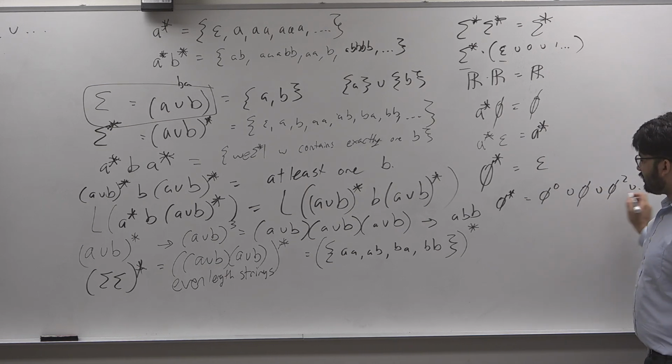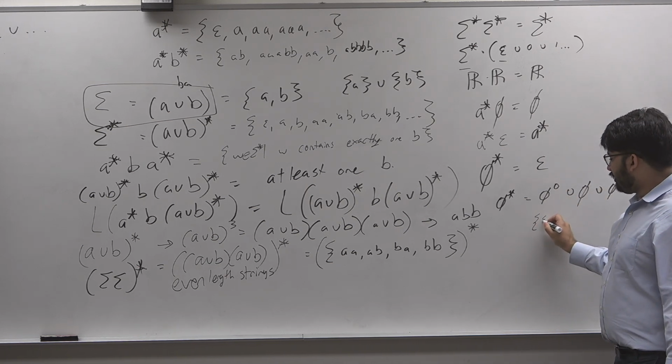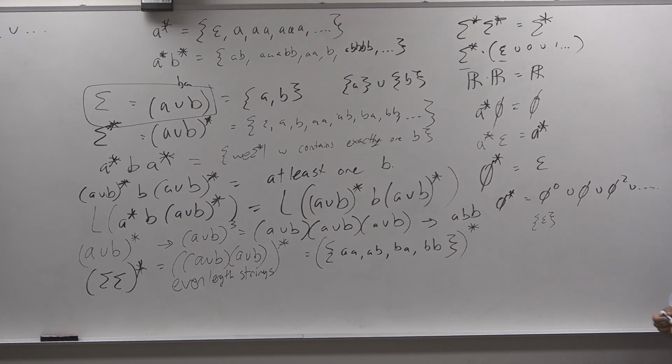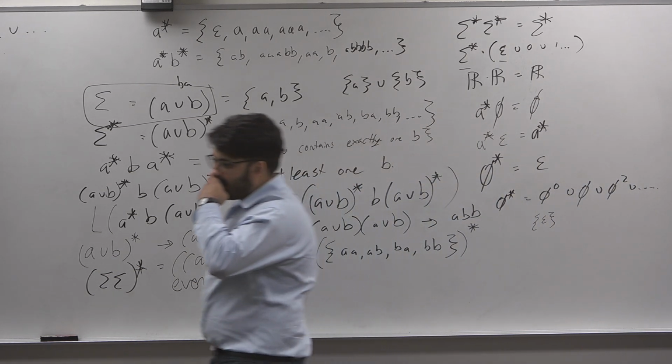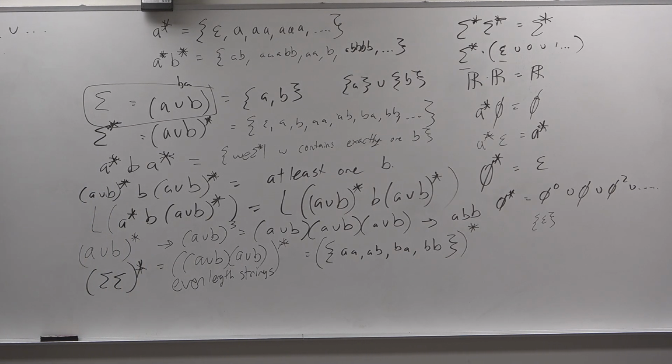These are all going to be the empty set, but this one specifically will be the set containing the empty string. 0 or more copies of strings in that language. Doesn't matter if there are no strings in that language. It's just going to be 0 copies of that, which will be the empty string. Now, these two, not important. You know them. Nobody cares. It's not a big deal. We care about interesting, positive constructions and not this edge case thing.